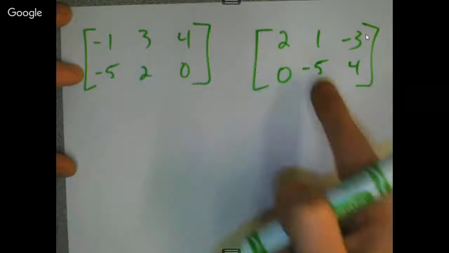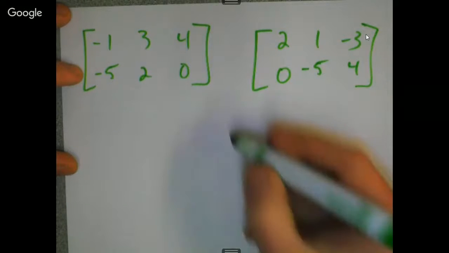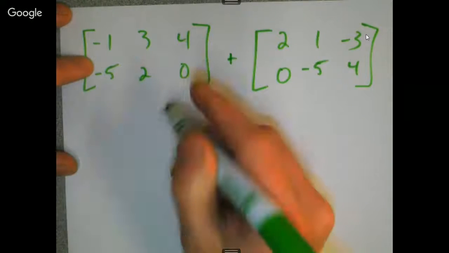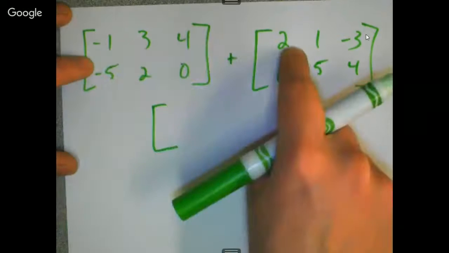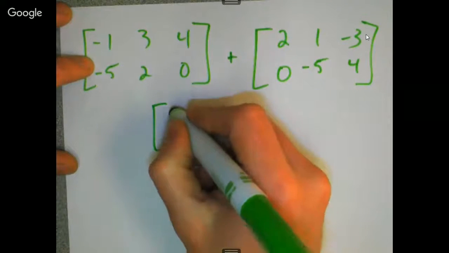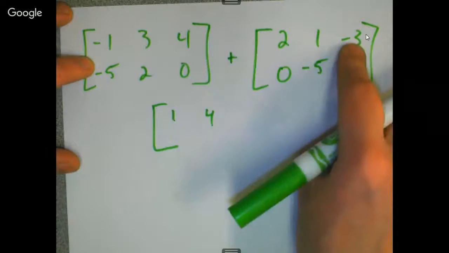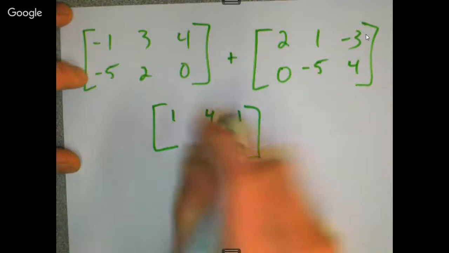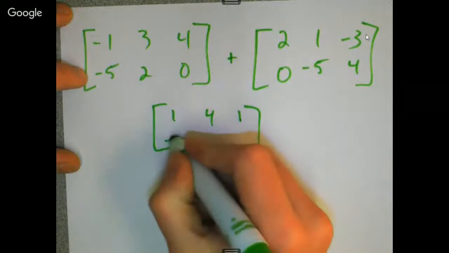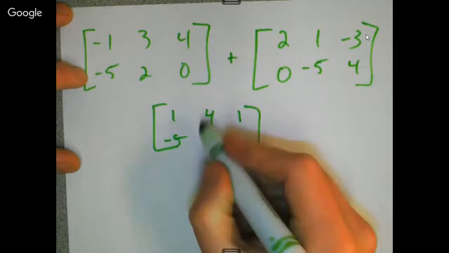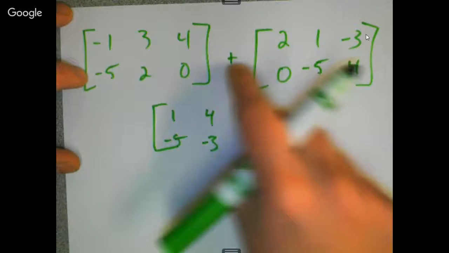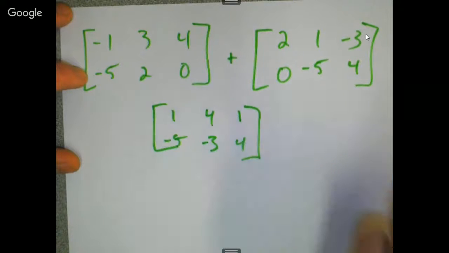So we can, because they're the same size. So if we add them, we're going to take -1 plus 2, take 3 plus 1, 4 plus -3, -5 plus 0, 2 plus -5, and 0 plus 4, and that's it.